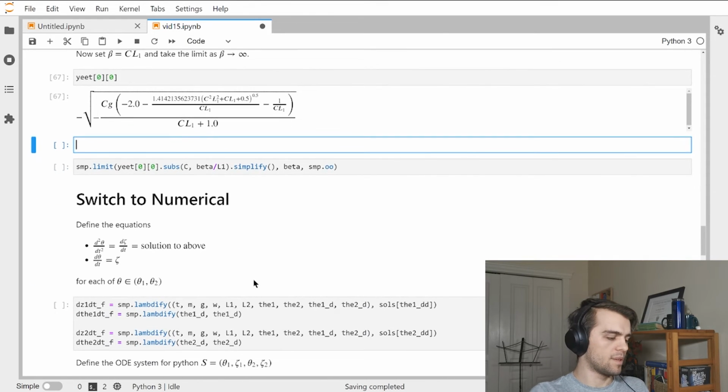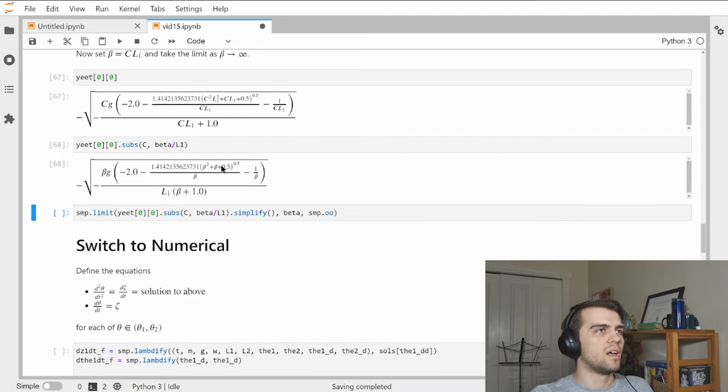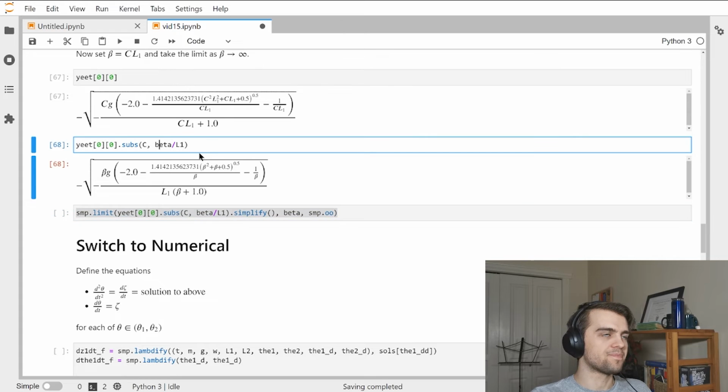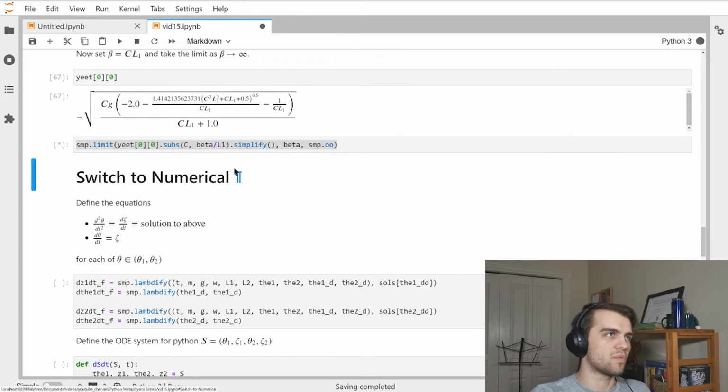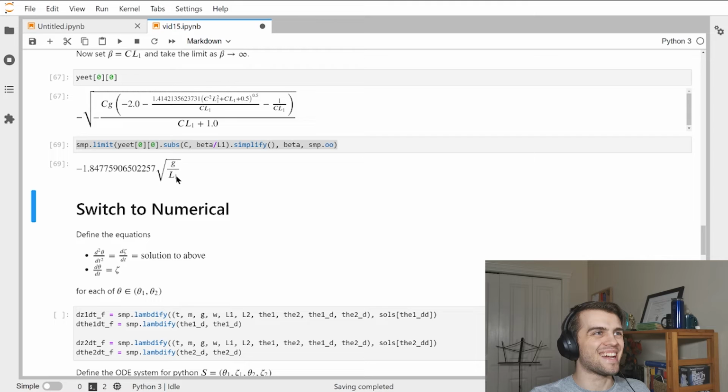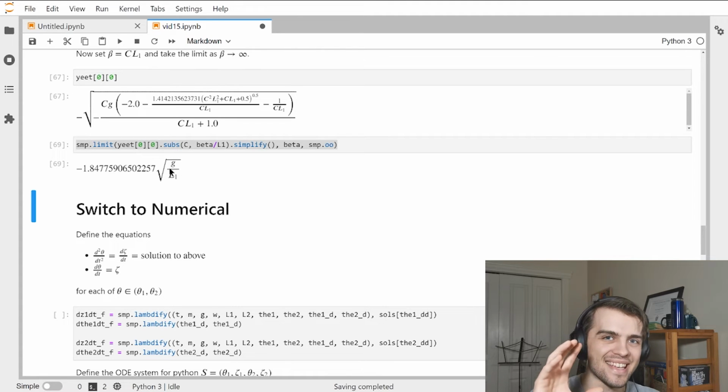I'll move this up a little bit. This is the quantity that I have if I substitute C as beta over L1, and now I can take the limit as beta goes to infinity, which I do with the limit here. So I take the limit as it goes to infinity, and it returns this nice simple expression. And this is the resonance frequency for the double pendulum.